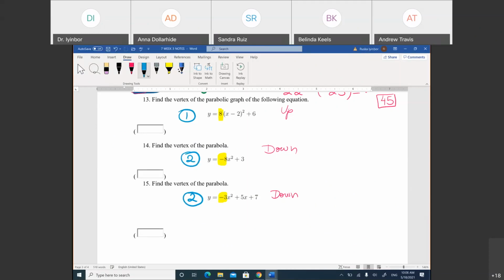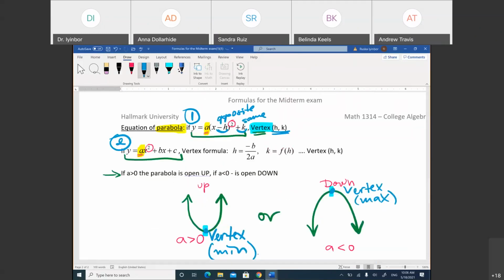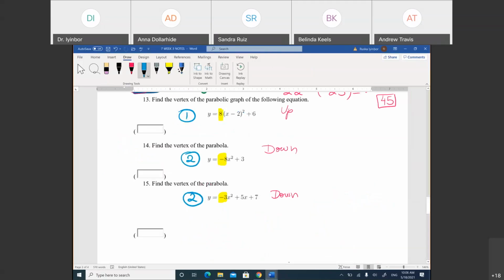So if I look at number 1, it's easier to find a vertex, correct? Because finding the vertex, if you have equation 1, is going to be get the opposite of the number inside and the same number in the end, and that's your vertex. So I'm just going to look at this number, and that's my vertex. So let's see what the numbers are there. What is the number inside? -2.